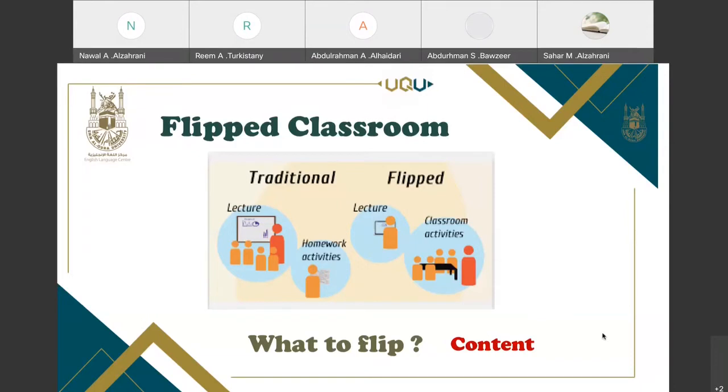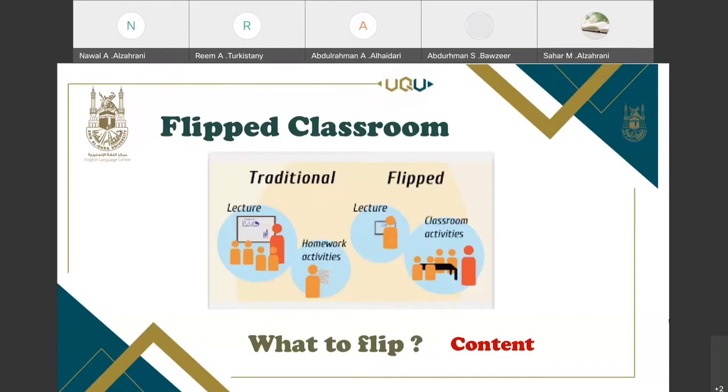So you, as a teacher, are going to judge. According to your experience, you are going to decide which method to use. The flipped classroom is very suitable in the case of blended learning, in our situations nowadays, and there are specific types of lessons where the flipped classroom is very effective, and there are other better methods for other classrooms.